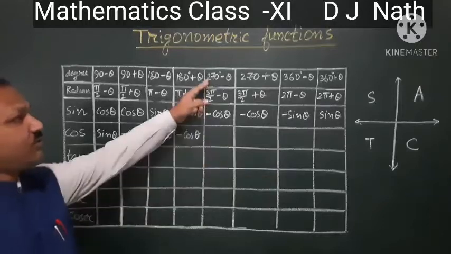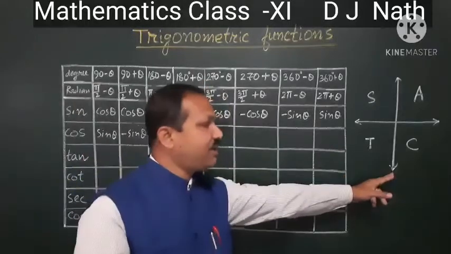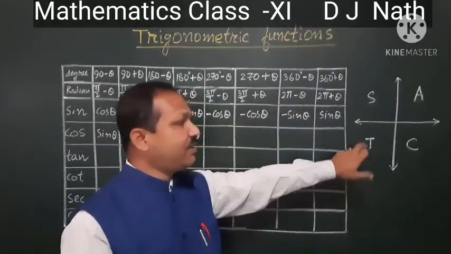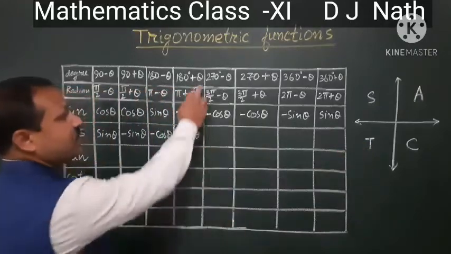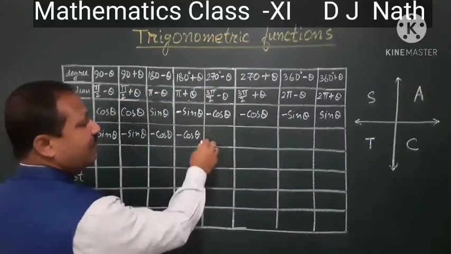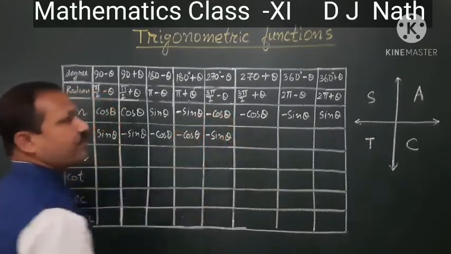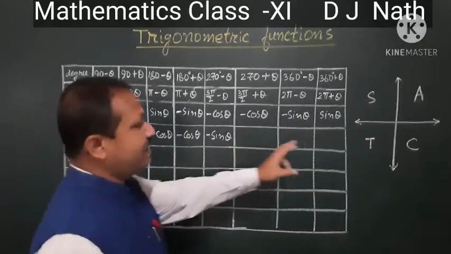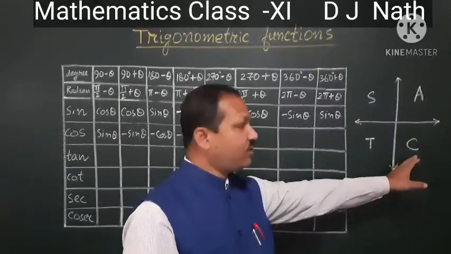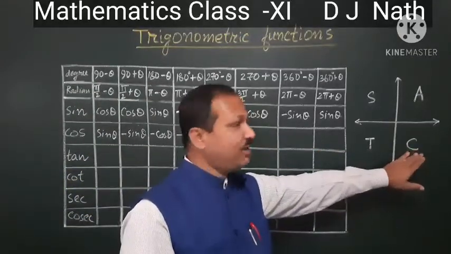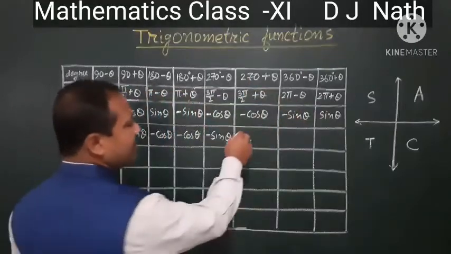Next, 270 minus theta, third quadrant, cos is negative, but with 270 cos changes into sin, so minus sin theta. 270 plus theta, fourth quadrant, cos is positive, but with 270 it becomes sin theta.